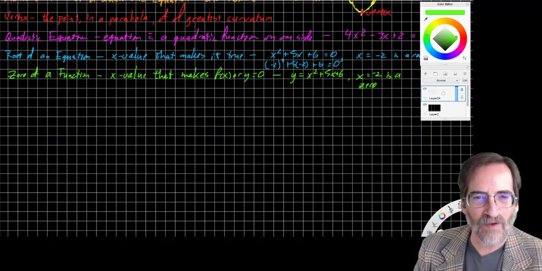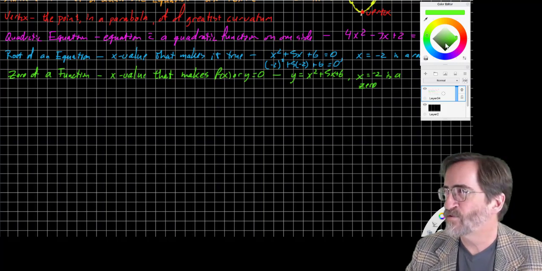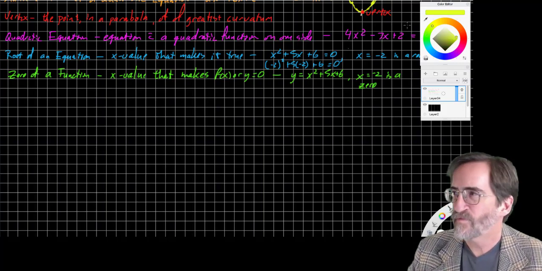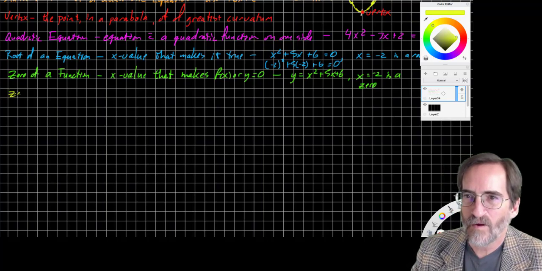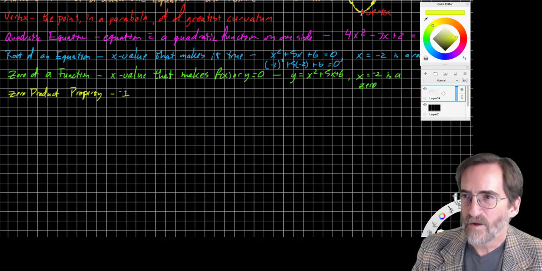Lesson 4, factoring to solve quadratic equations. Okay, there's something called the zero product property. And here's what it is.